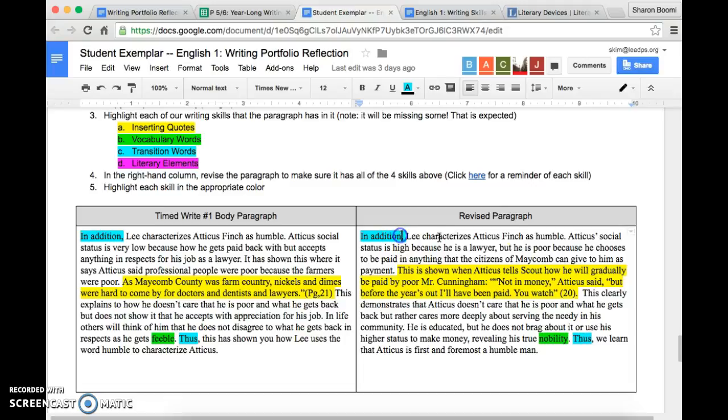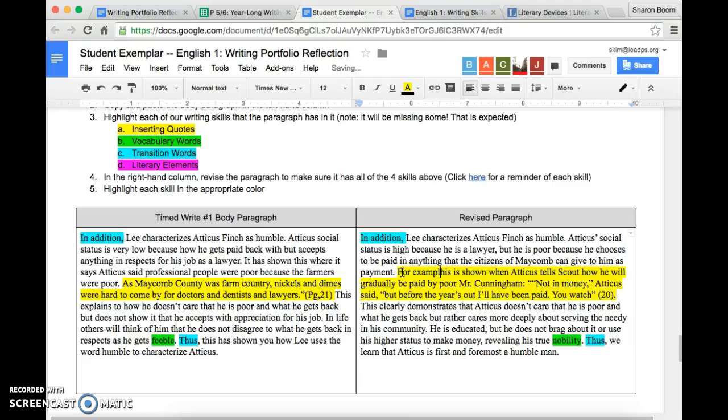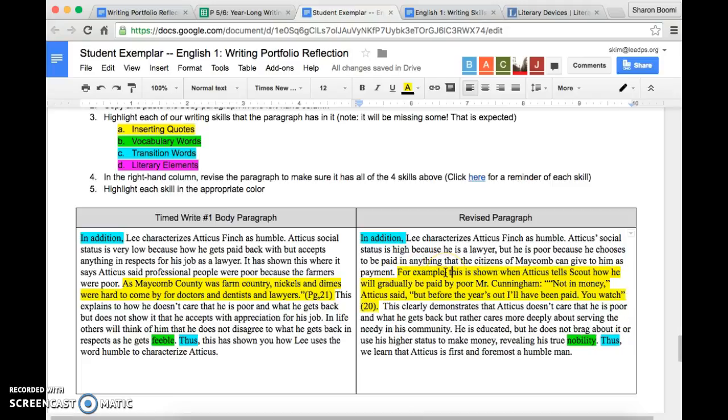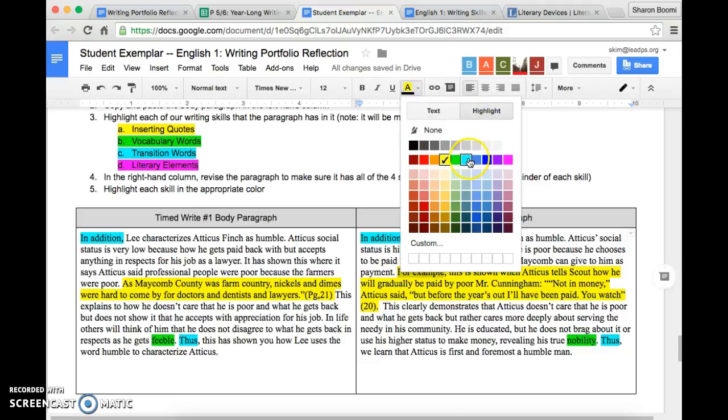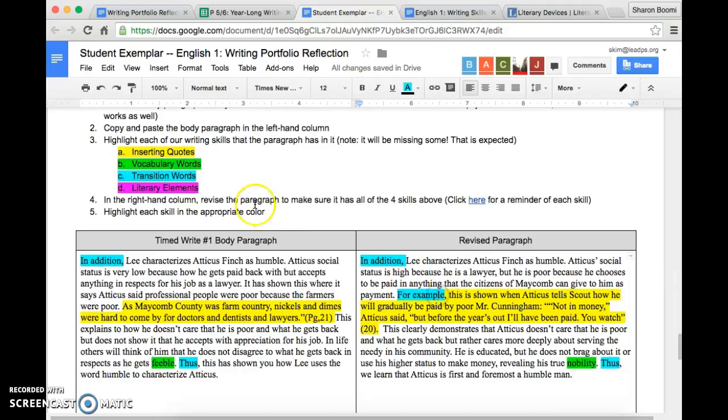They've got the same transition words, so it seems like those were fine. I'm going to look over, see if there's anything else we can edit. I'm seeing an opportunity to add a transition word right here. I'm highlighting that in blue because that's a transition word.